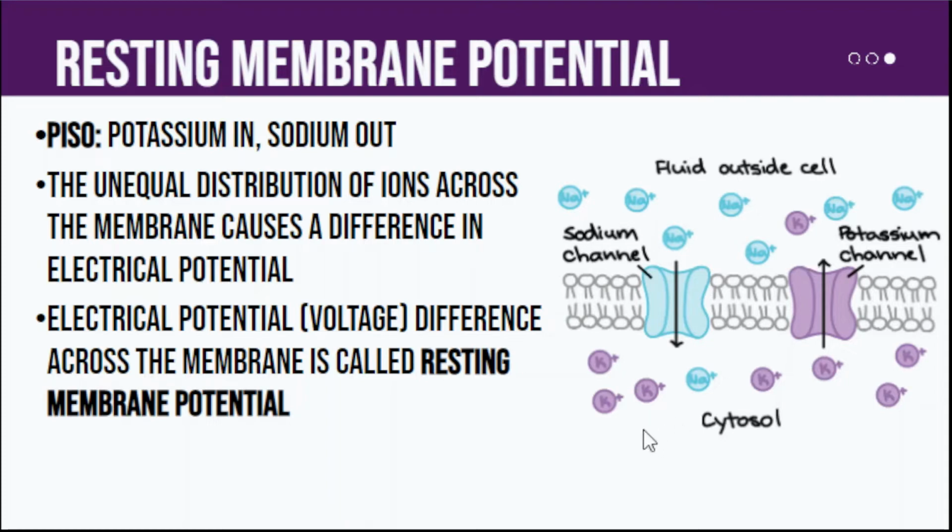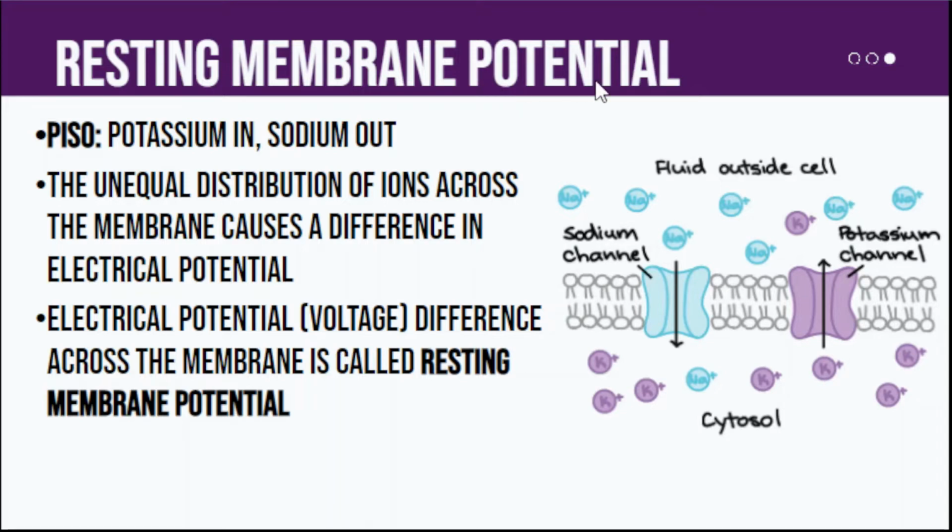So even if there is potassium inside and even if it is also positively charged, the difference in positive intensity, because sodium's positivity is more intense, makes the inside of the cell more negative. Okay? And this difference in electrical potential creates what we call the resting membrane potential.